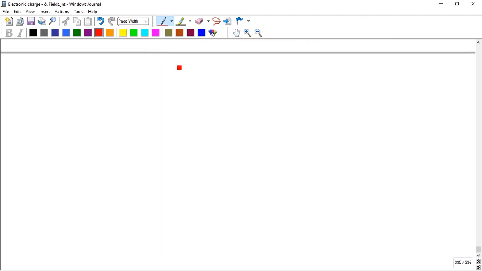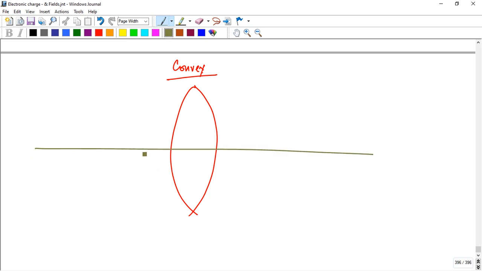Next page, that is a convex lens. That's the principal axis, and here that is called the focus, and that is the second focus.